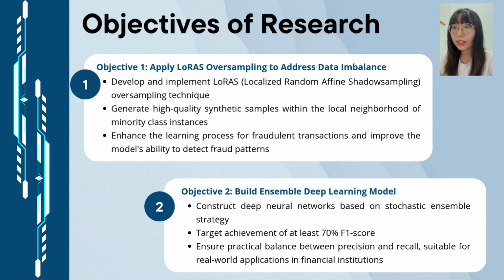The second objective is to build a deep neural network model using a Bayesian strategy. The goal is to achieve a practical balance between precision and recall. In financial scenarios, high recall is essential, but false positives must also be well controlled.